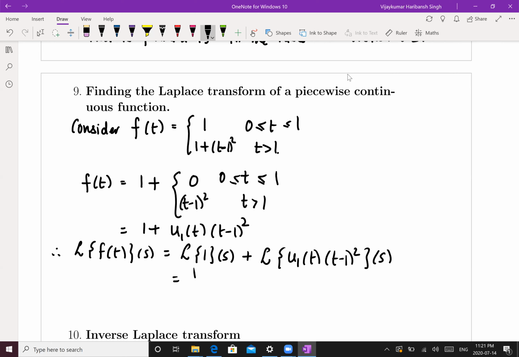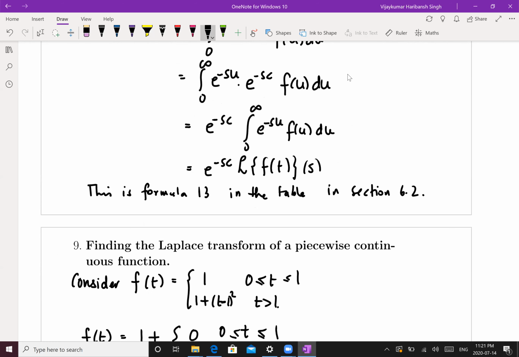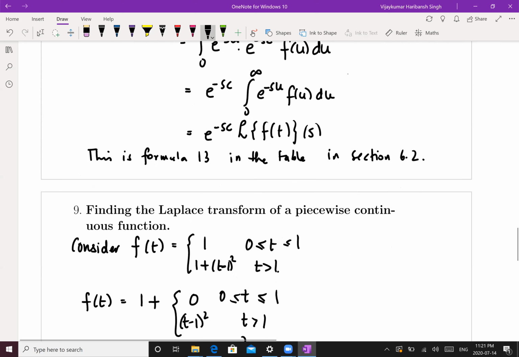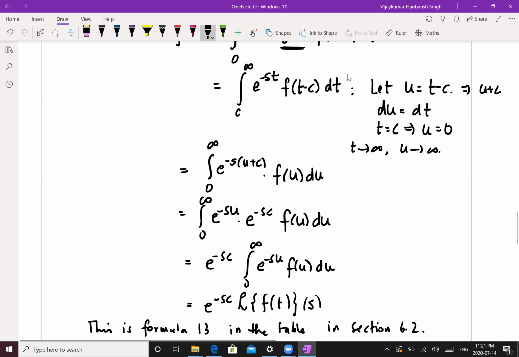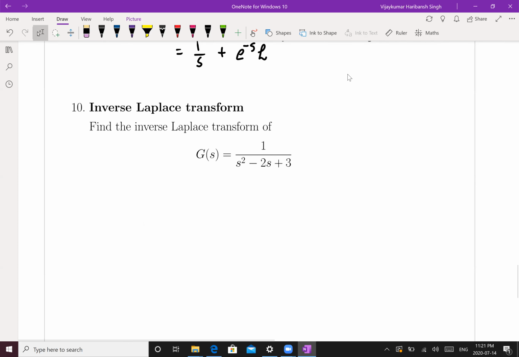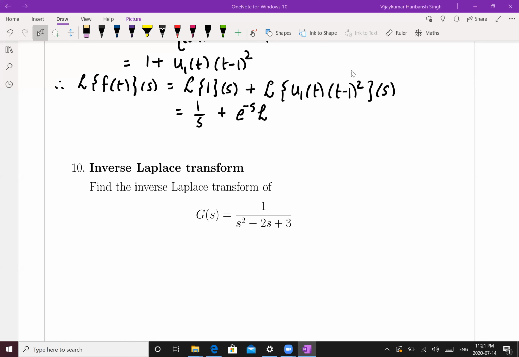Now the Laplace transform of 1 is 1 over s. For the second term, u c gives e to the power minus sc, so this is going to be e to the power minus s times 1 times the Laplace transform of what? You would then bring it back, right? You had t minus 1, and t minus c becomes t. This is the standard way to bring it back. So it is going to be the Laplace transform of t squared at s.